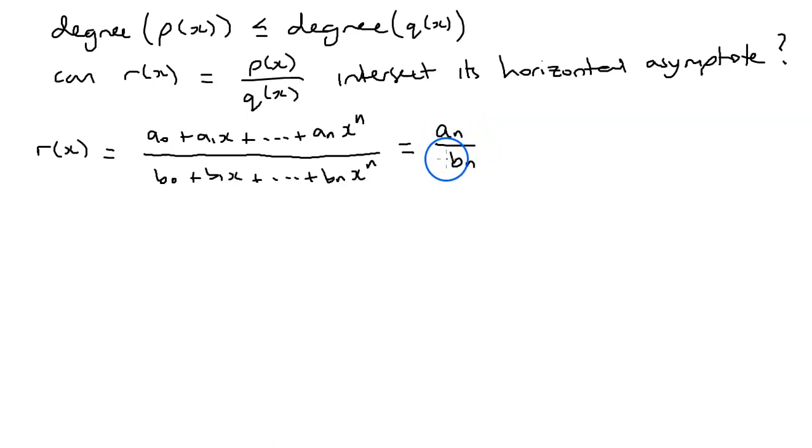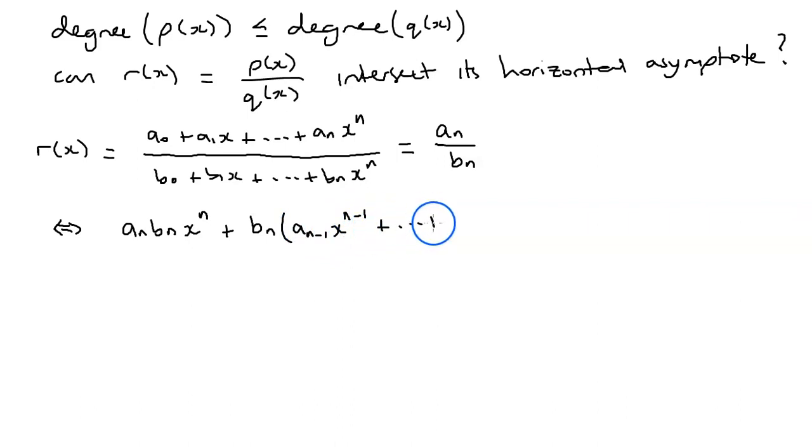Whether or not an equals 0 doesn't matter. And rearranging this equation, we're going to get an bn x to the power of n plus, and then we're going to have all the other terms multiplied by bn. So bn an minus 1 x to the power of n minus 1 all the way down to a1x plus a0.